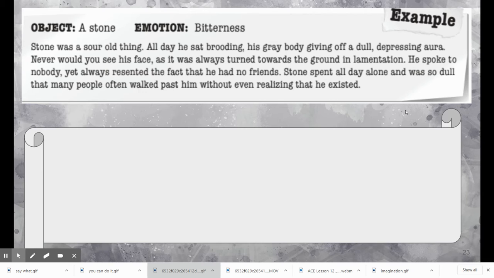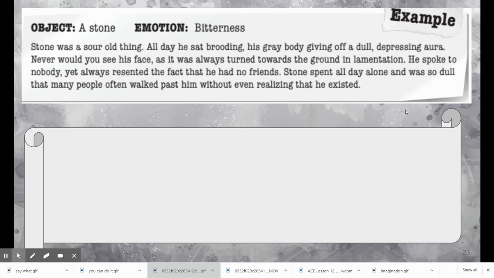Never would you see his face, as it was always turned towards the ground in lamentation. He spoke to nobody, yet always resented the fact that he had no friends. Stone spent all day alone and was so dull that many people often walked past him without even realizing that he existed.